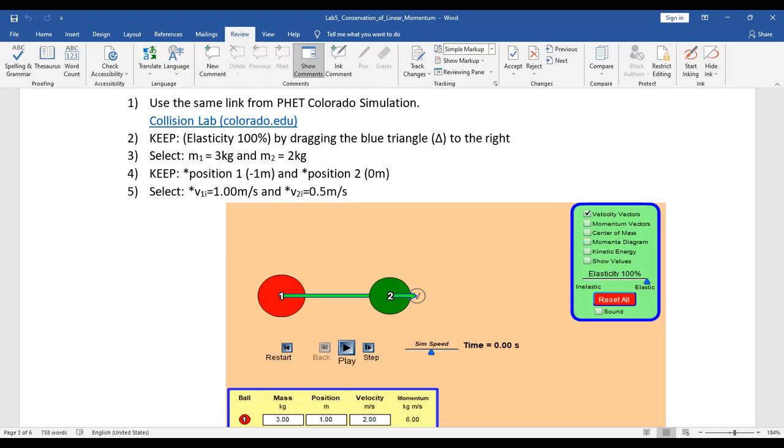What about kinetic energy? We did this experiment. We can calculate this. Initial kinetic energy is 0.25. This means 1/2 times 1 times 0.6 squared plus 1/2 times 3, 2 times 1 squared plus 0.5 squared.